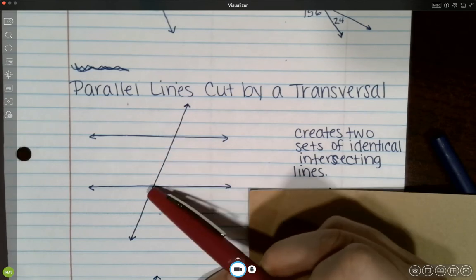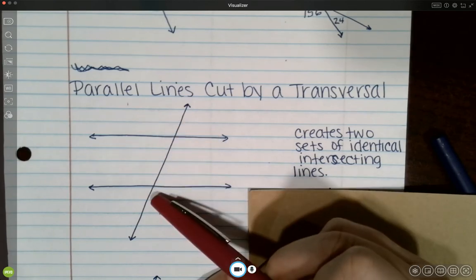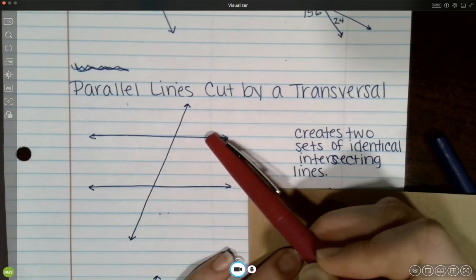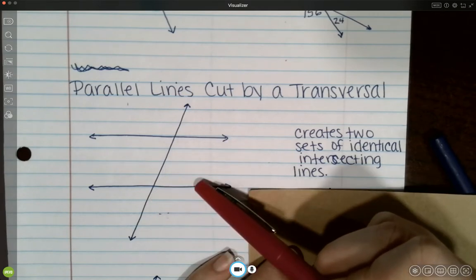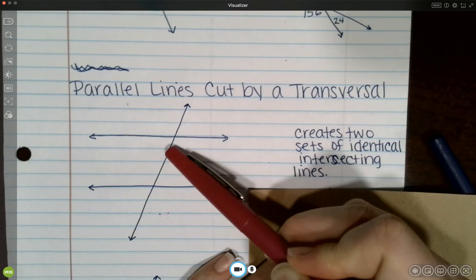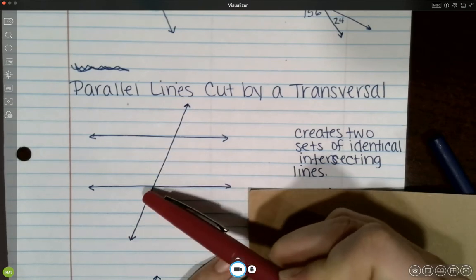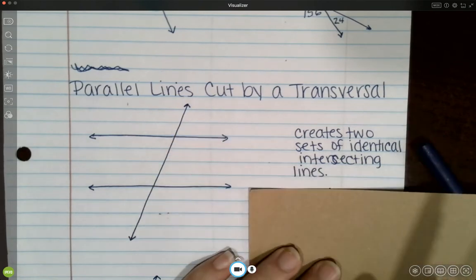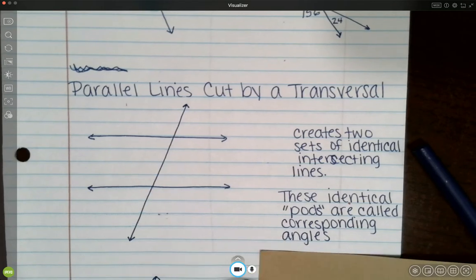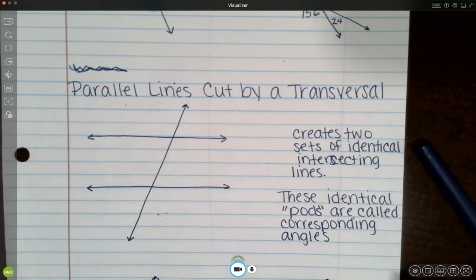These two pods are identical, and the reason they're identical is because parallel lines are identical. So the slope of this line creates exactly the same set of lines. Because of this, we have what's called corresponding angles. Because these pods are identical, the angles are identical.